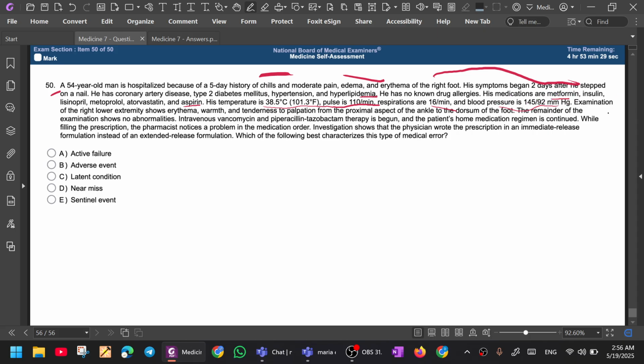Exam shows right lower extremity erythema, warmth, and tenderness to palpation from the proximal aspect of the ankle to the dorsum of the foot. IV vancomycin and piperacillin-tazobactam is started and the patient's home medication regimen is continued. While filling the prescription, the pharmacist notices a problem in the medication order. Investigation shows that the physician wrote the prescription in an immediate release formulation instead of an extended release formulation.